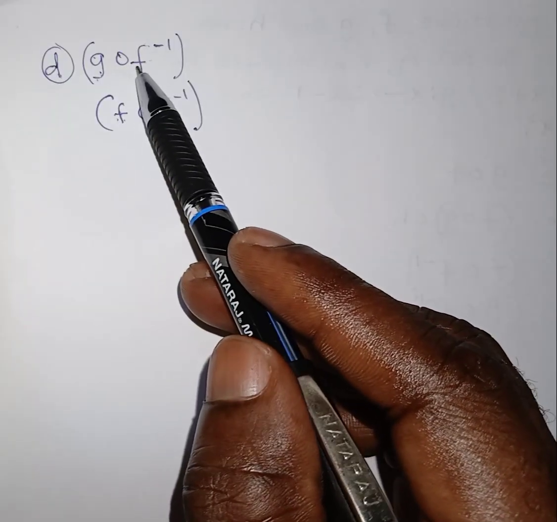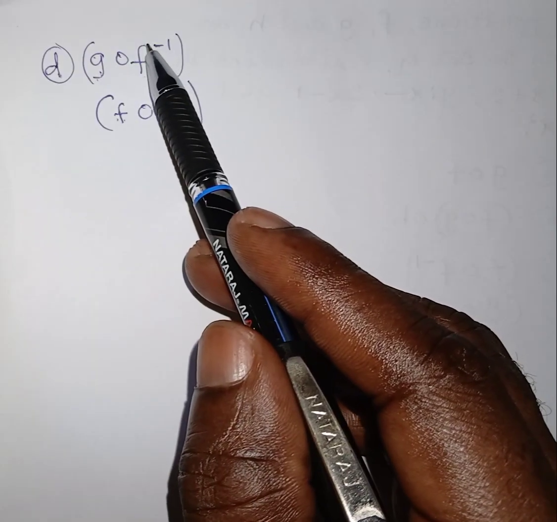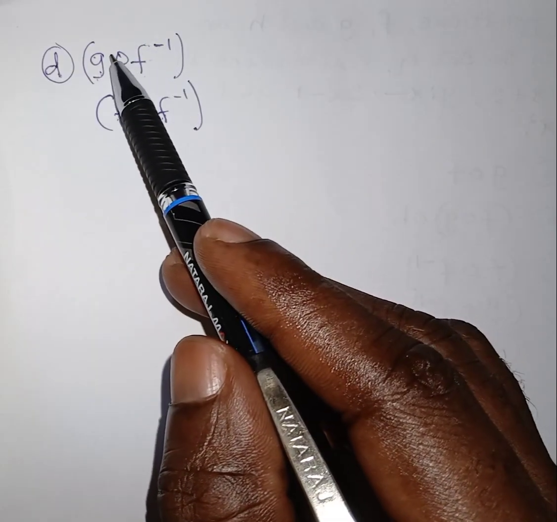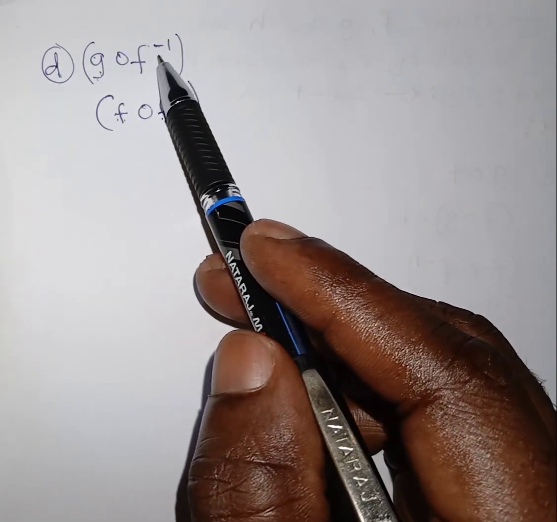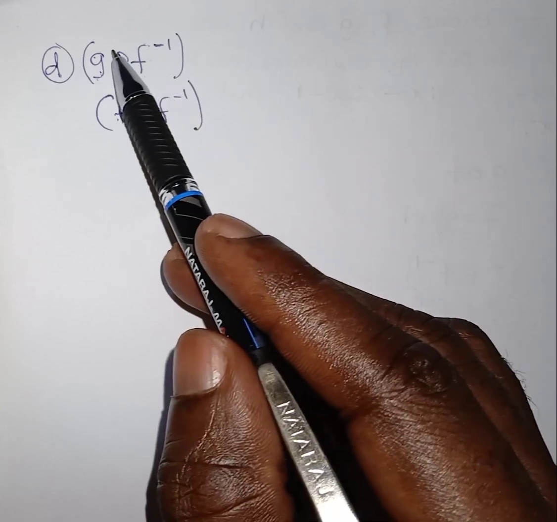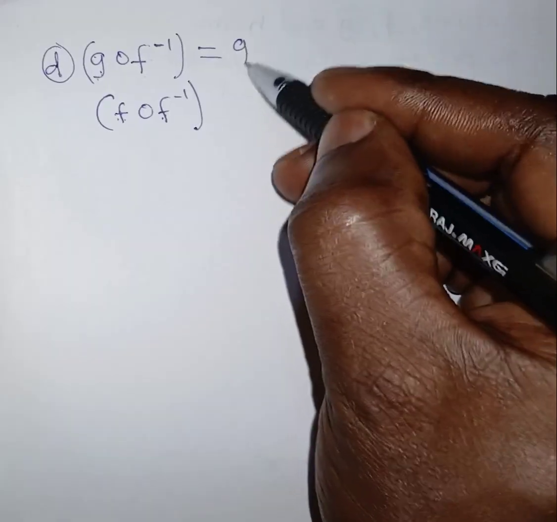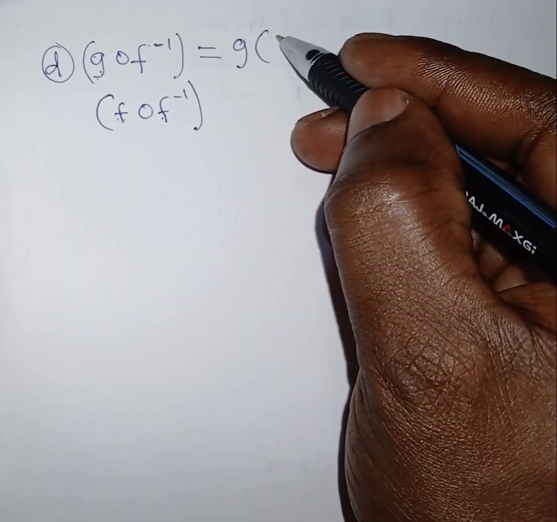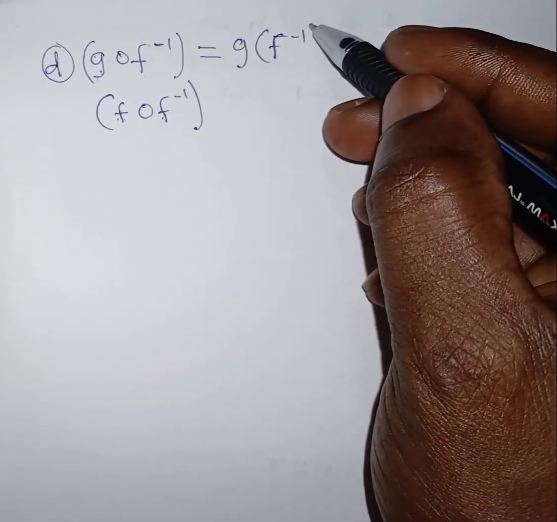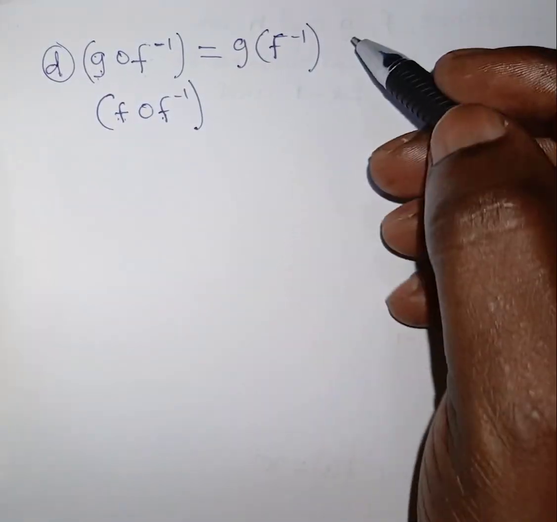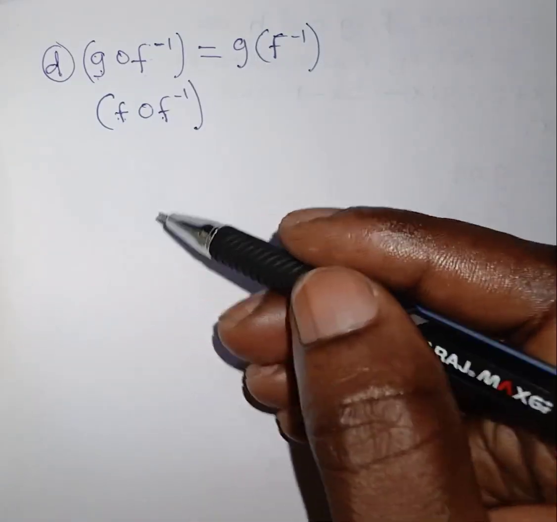Okay, it should follow the same way, meaning that the domain of the inverse of f should be found in the domain of g. So I'm going to first work out for this, the answer I get, then I substitute. So this is what it is going to be. My g should be out and have my inverse in it. There, that is what it means. Okay, great. If that is the case, now we are in the D part.